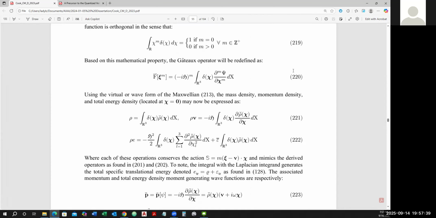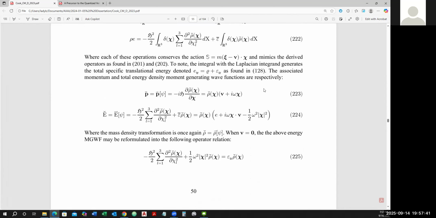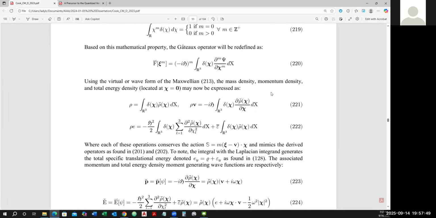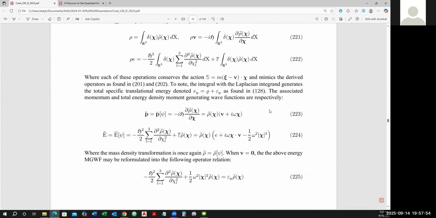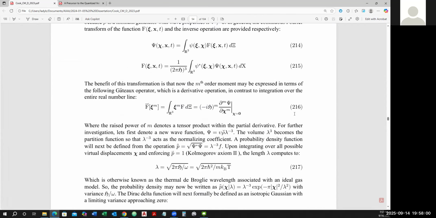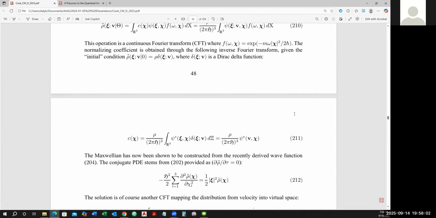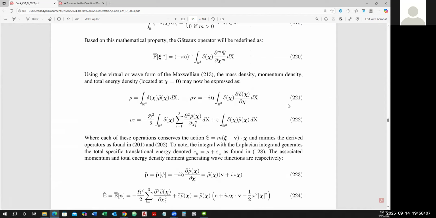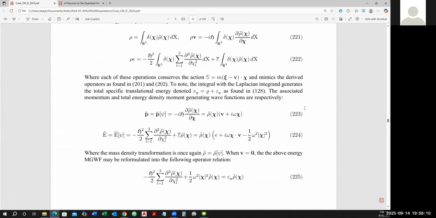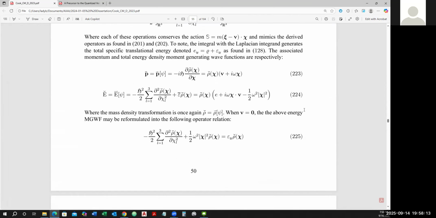Round 2, G will be set equal to 223. Round 3, G will be set equal to 224.